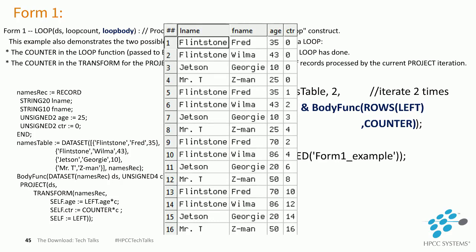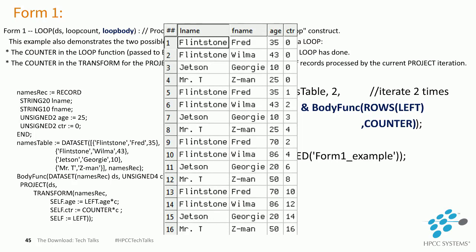And so as we go into the second loop, which is records 9 through 16, we take the first 8 records, but then the counter of the project gets initialized back to 1. So it takes that 1, 2, 3, 4, and now we multiply that by 2. 1 times 2 is 2, 2 times 2 is 4, 3 times 2 is 6, 4 times 2 is 8.